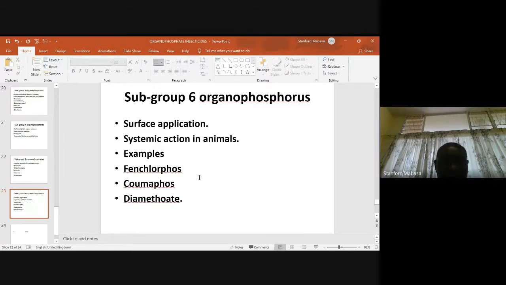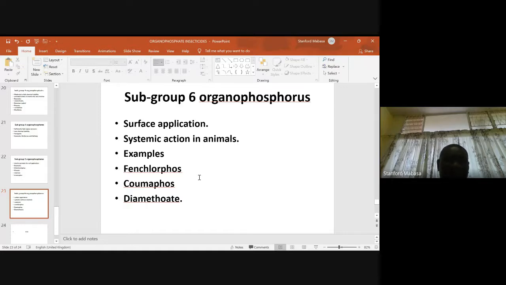The last group, the subgroup 6 organophosphorus compounds, are for surface application, with systemic action in animals. Examples we've got are fenchlorphos, coumaphos, and dimethoate.